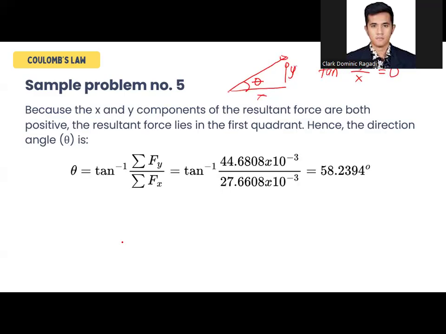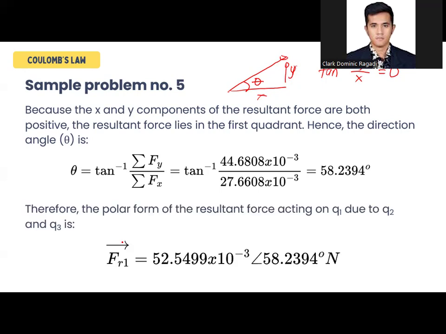So that's the angle, 58.2394. Therefore, in polar form, the resultant force acting on Q1 due to Q2 and Q3, vector FR1, is equivalent to 52.5499 times 10 to the negative 3 at an angle of 58.2394 degrees, in newtons. So that would be our final answer.